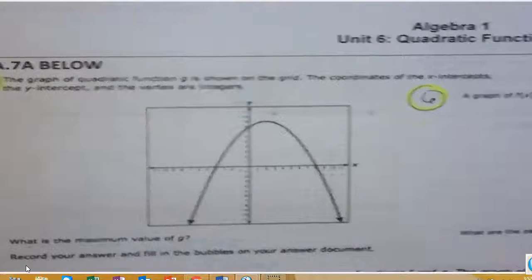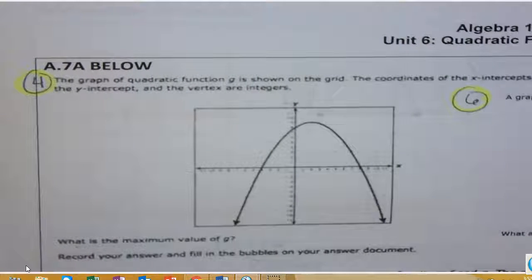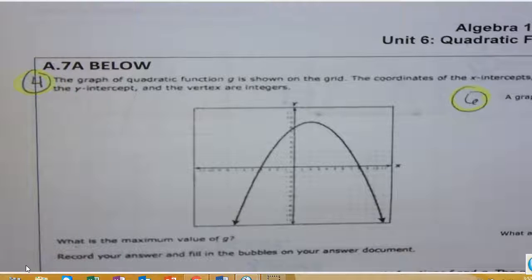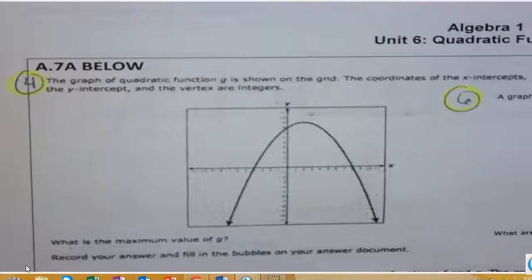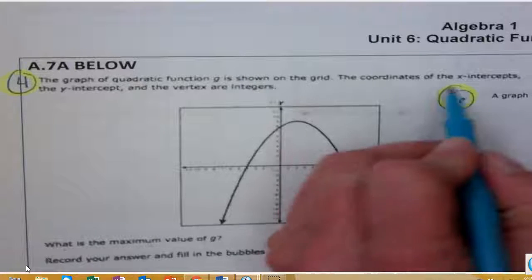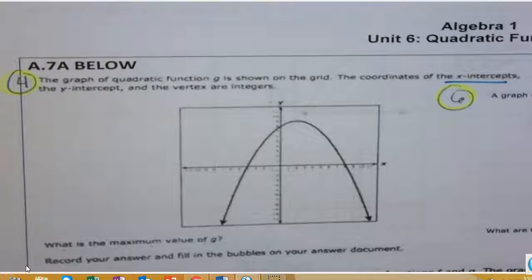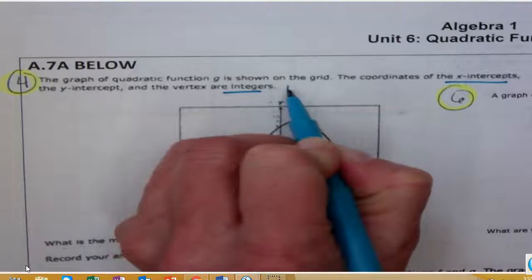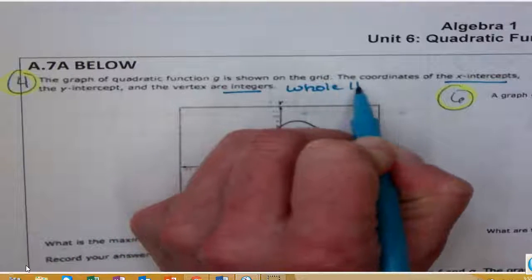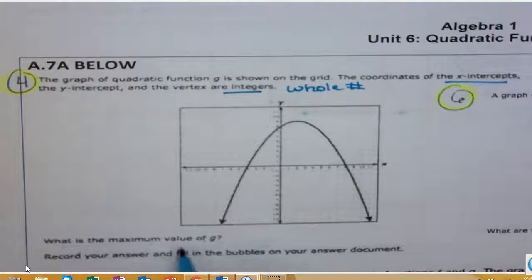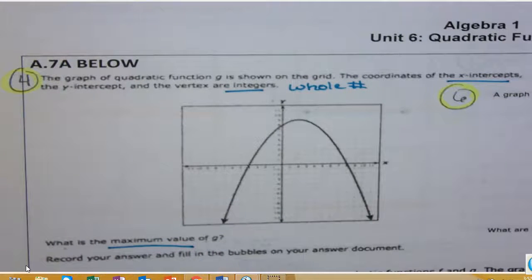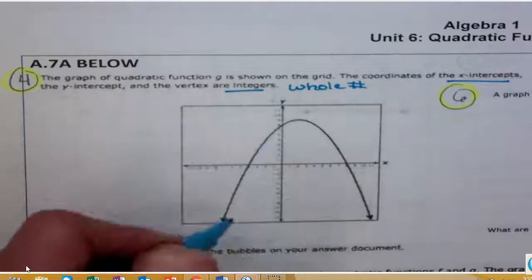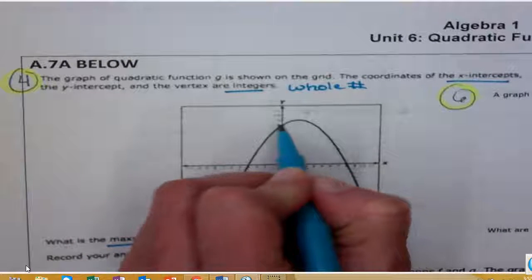The graph of the quadratic function g is shown on the grid. The coordinates of the x-intercepts, the y-intercept and the vertex are integers. They're just saying that they're whole numbers. What is the maximum value? Well, we know that since it's facing down, this is going to be a maximum.